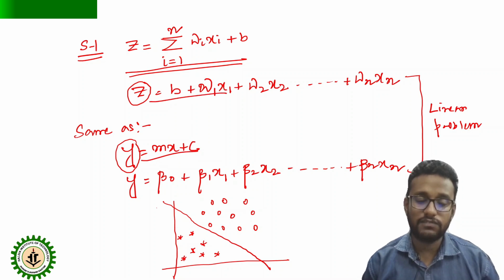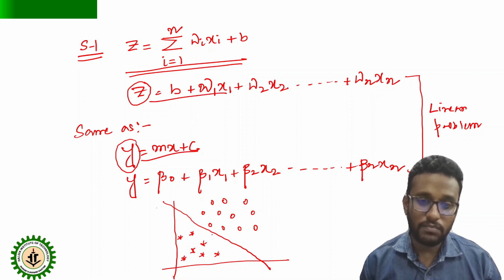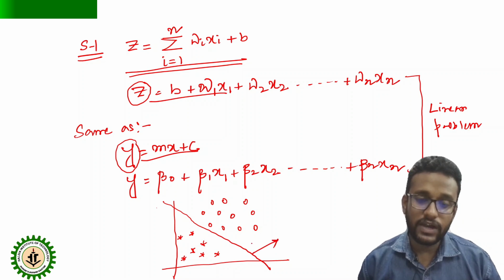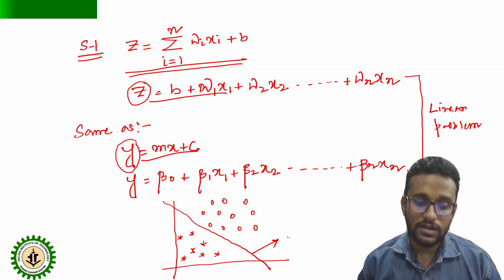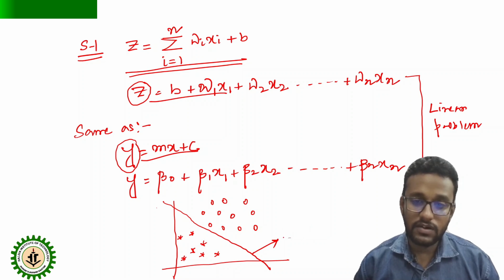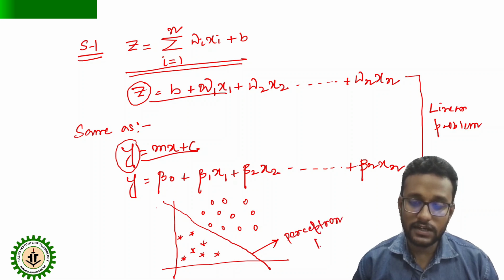So in the first step, what we are doing is creating a straight line, and this straight line is basically called a perceptron. Perceptron is a linear classifier.